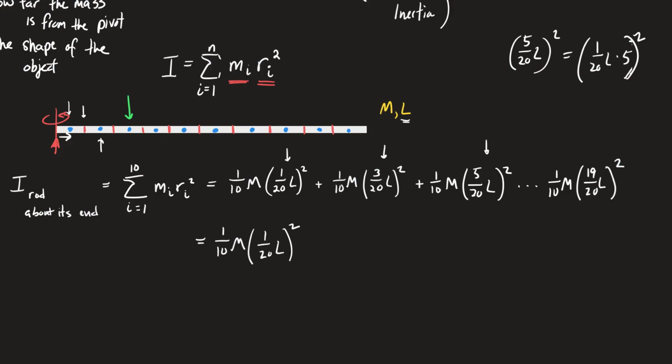So if I take out the 1/20th L from every term, I'm left with just these numbers. It is true. I'm hoping you'll see that. Yep, I have to keep the squareds because they're all squareds.